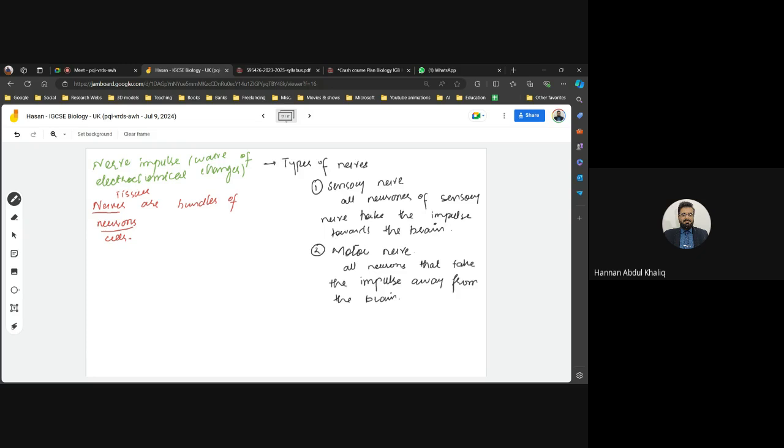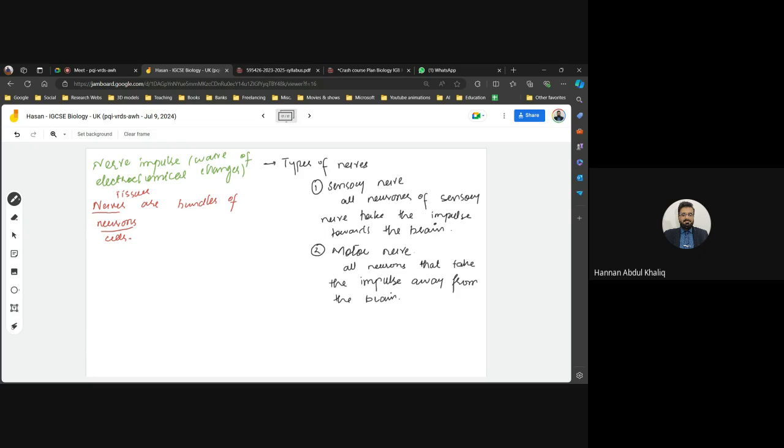Suppose you have lots of wires bundled together, and they are responsible for taking the current away from a circuit. You would call that a motor wire, because it's taking current away from your reference point. Similarly, if a bundle of wires is taking the impulse towards a circuit, you would call it, in this language, a sensory nerve.